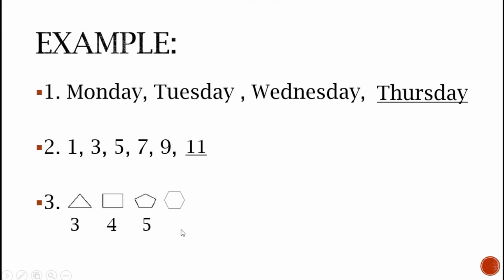The first one is 3 sides, the next one is 4 sides, the next shape is 5 sides. So, the next shape will have 6 sides. Okay? So, in the sequence, we need to find a pattern.